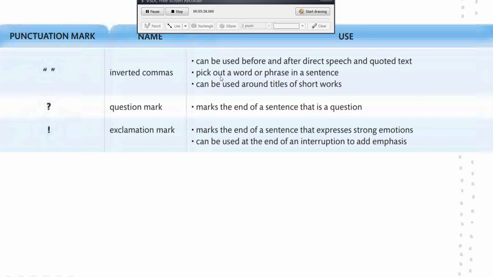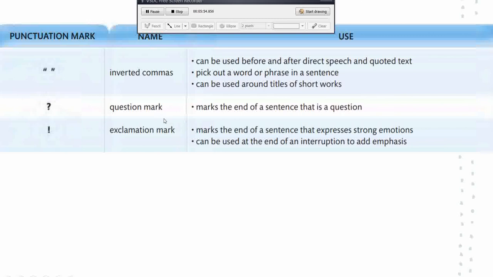They can pick out a word or phrase in a sentence. They can be used around titles of short works. Do not confuse inverted commas or speech marks with single quotes where you cite certain references.